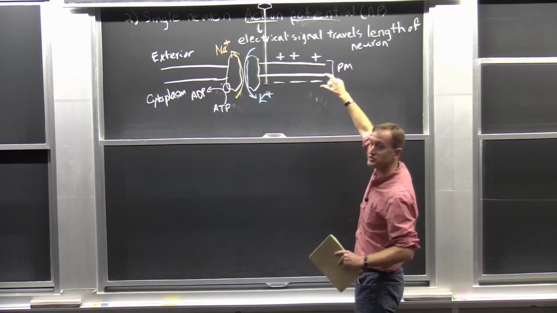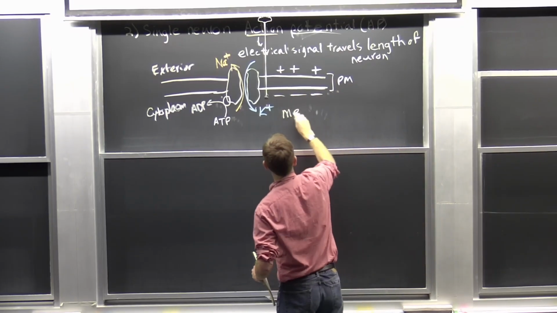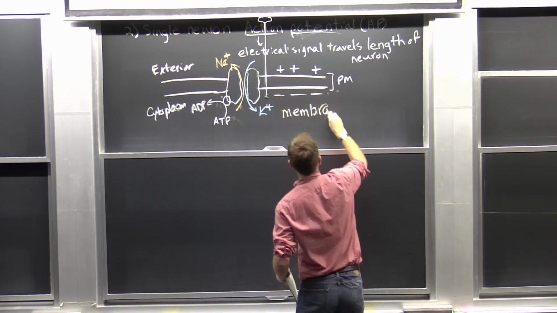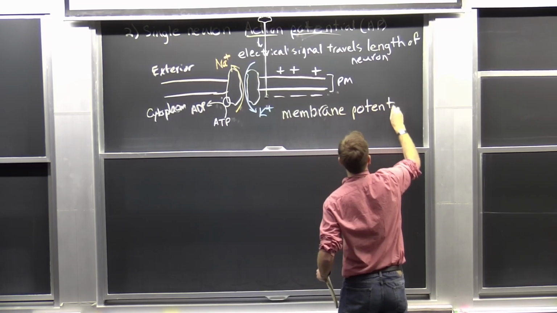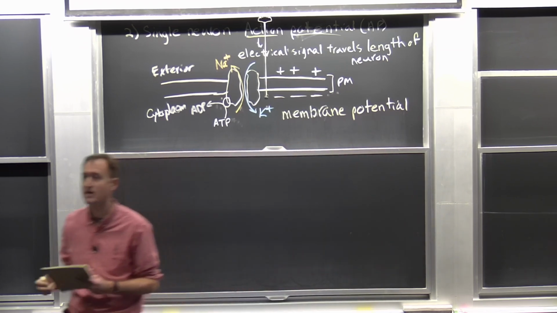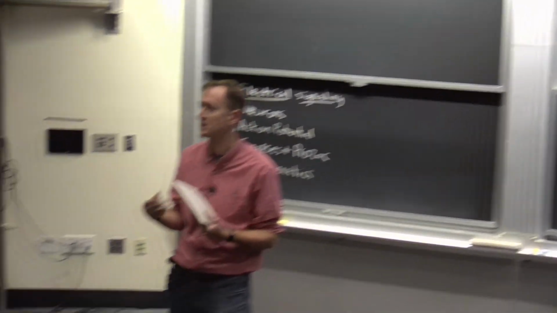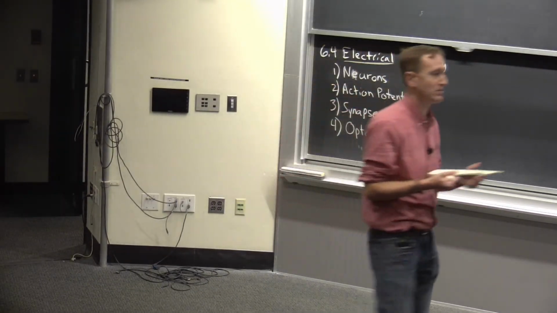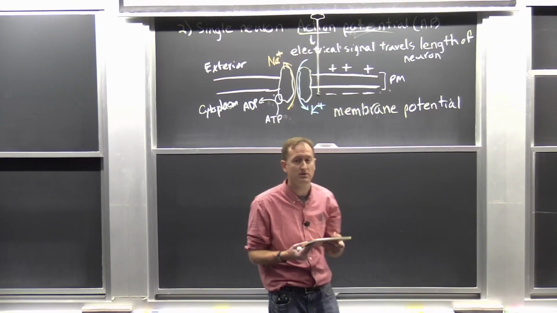This voltage difference is known as a membrane potential. Okay, so this is a membrane potential. And it's an electrical potential across the membrane. If you're an electrical engineer, you can think of the plasma membrane as a capacitor, okay? So this plasma membrane is holding this charge difference across it, okay?